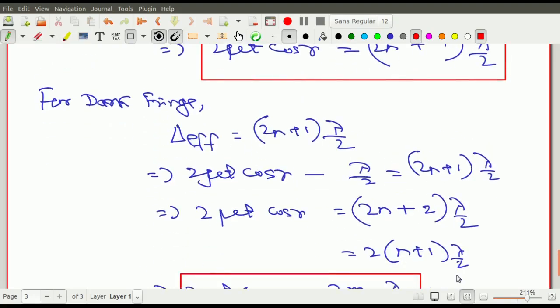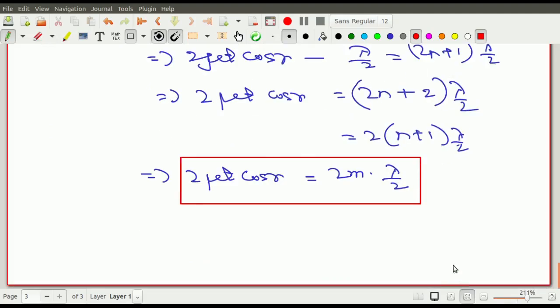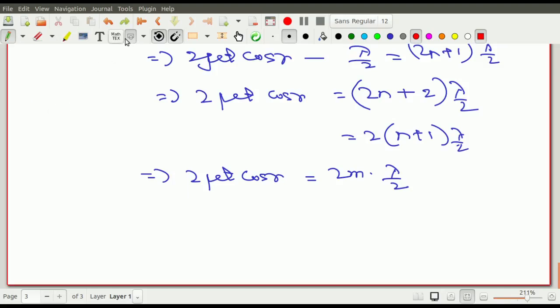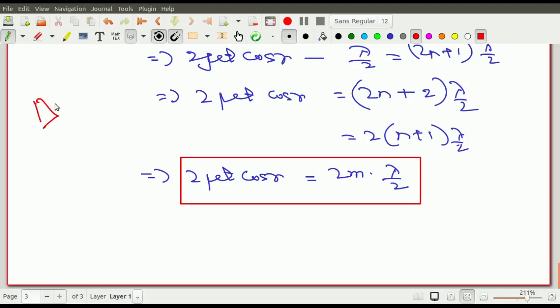And now from these two conditions you say that what will be the condition of the central fringe. তাহলে central fringe টা কি হবে? Central fringe মানে কি? যেখানে geometric path difference টা 0 হয়. What is a central fringe? Central fringe এর definition কোনোদিনও কিন্তু চেঞ্জ হবে না, whatever be the experiment. The definition of central fringe is that point where the geometrical path difference between the two rays is 0, মানে delta is 0.